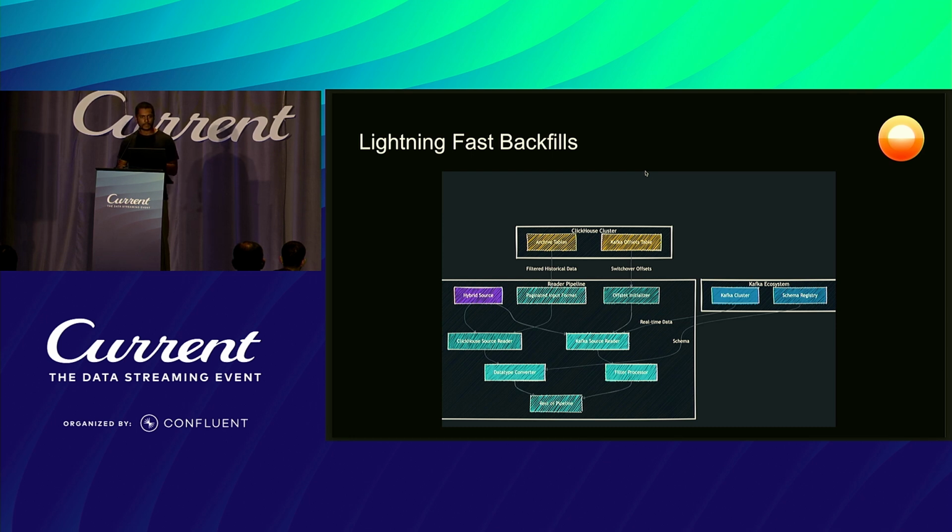On the performance side, for example, we check whether the columns that the user put in the filter are actually backed by the sorting order that we have in ClickHouse, or by the projections, or by the indexes. And if that's not the case, then we have the option to add more projections or add indexes for that particular table.